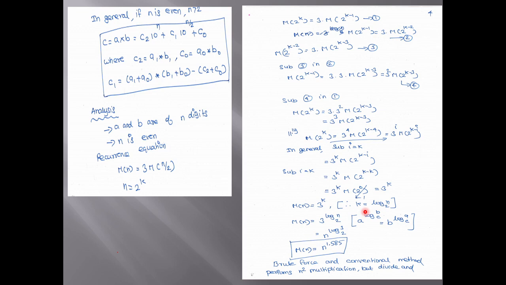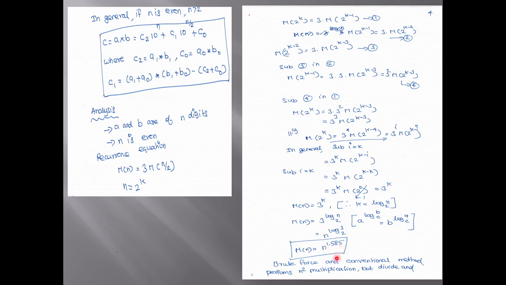So 3 to the power of k is equal to 3 to the power of log n to the base 2, which is equal to n to the power of log 3 to the base 2, which is equal to n to the power of 1.585.